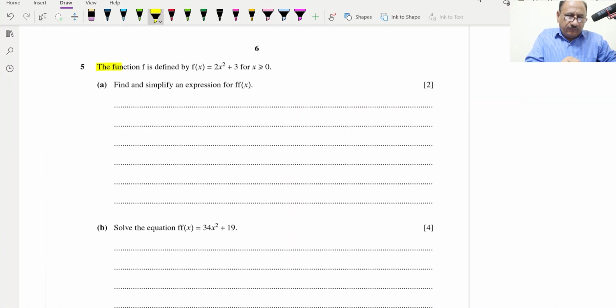Question number 5. The function f is defined by this one, x is greater than 0. In part a, find and simplify an expression for ff of x.